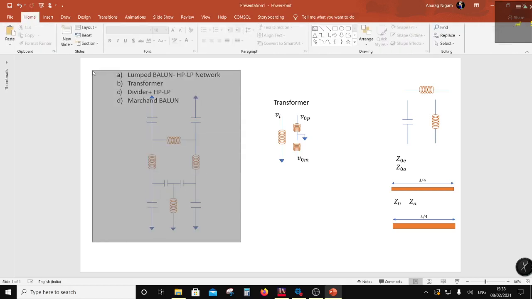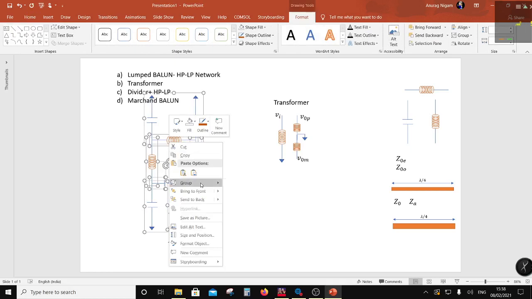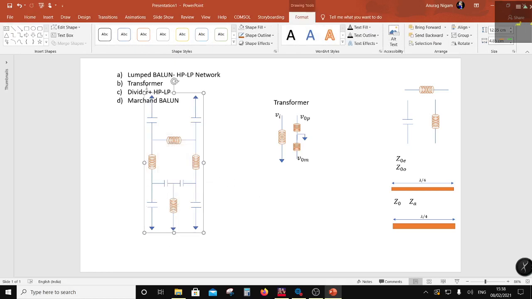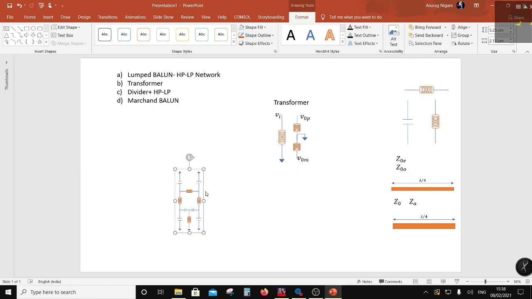Okay, so this version is a high pass low pass BALUN. Okay, so this is going to be this one.